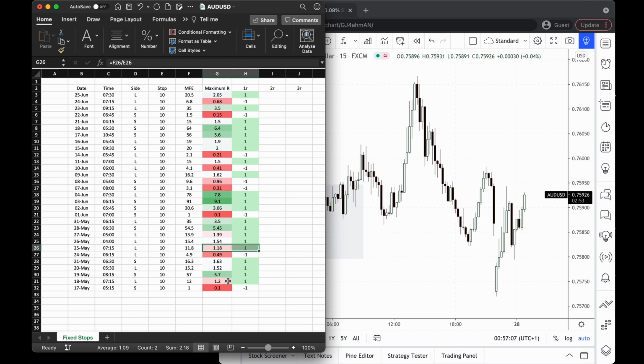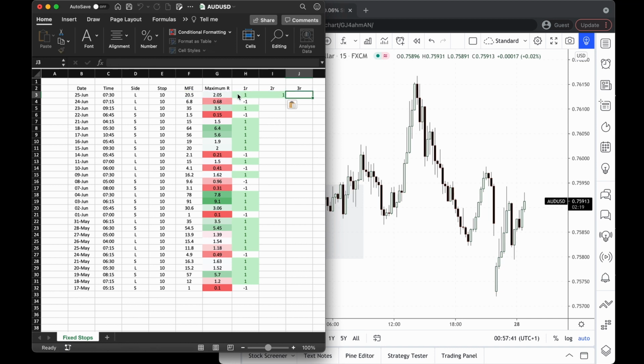We also had a 1.2. So if this was like 1.1 or 1.05, you have to consider the fact that you haven't incorporated spreads, which means that you're probably going to get stopped out if you're trading it. However, if, for instance, it printed 2R, then your target would have been hit. So you wouldn't have missed your target based on the spread.